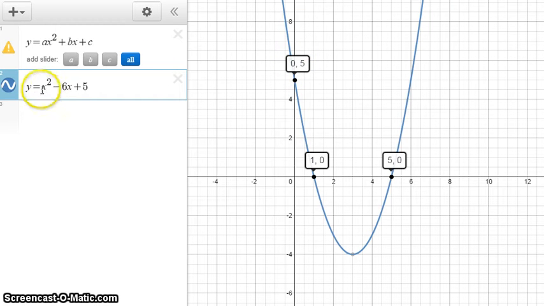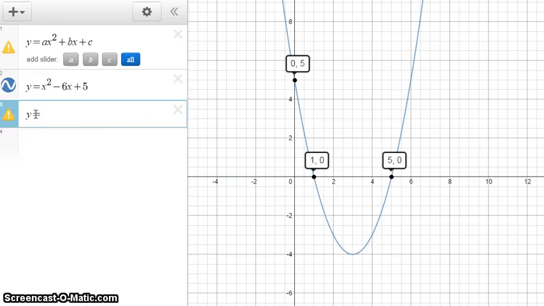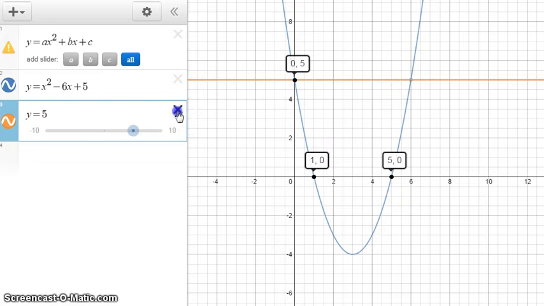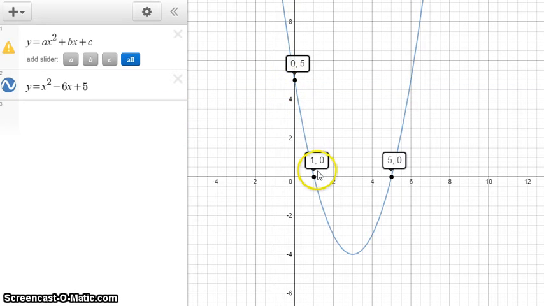When my x is equal to 0, I would have y is equal to 0 squared minus 6 times 0 plus 5. This is 0, this is 0, so my y value is just 5. So this is my x-intercept (1, 0), my x-intercept (5, 0), and my y-intercept (0, 5).